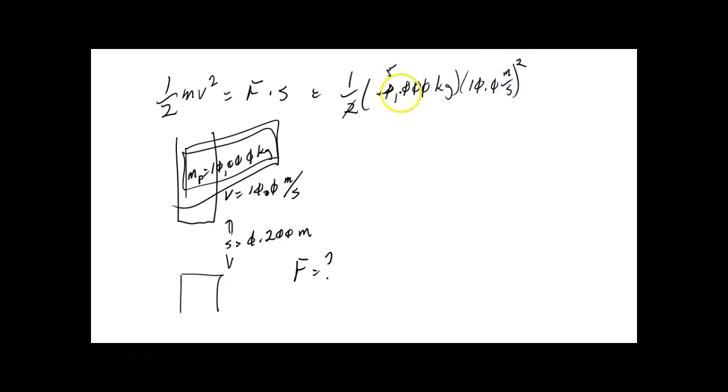So this comes out being 5,000, half of 10,000 kilograms, times, and what is 10 squared? Anyone know? Yep, 10 squared, 10 times 10, 100. 100 meters squared per second squared, because you square the number, but you also square the units.